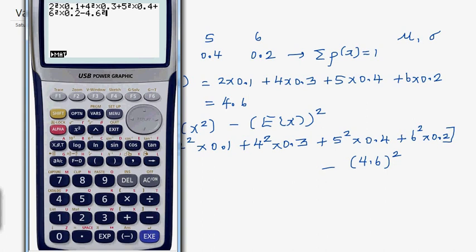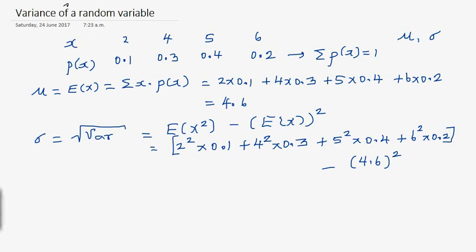That is the variance. So let's write the variance is 1.24. So the variance is 1.24, and this is the variance.